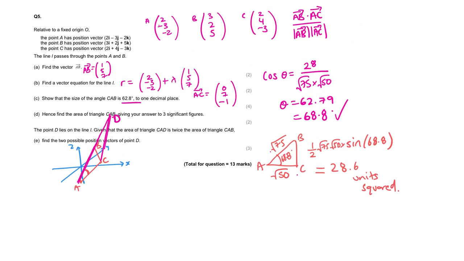So, first of all, let's just do twice the area. 28.6 times 2 is 57.2.